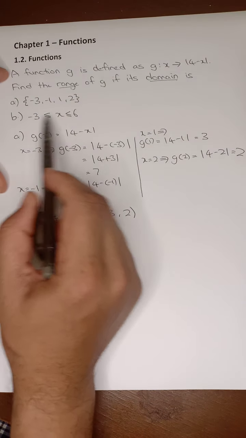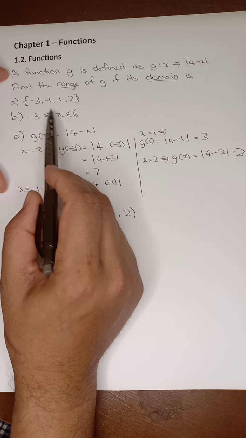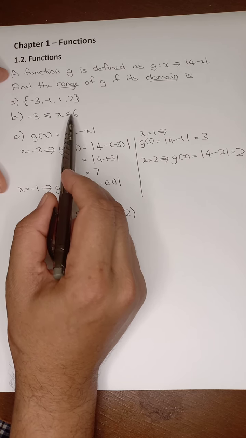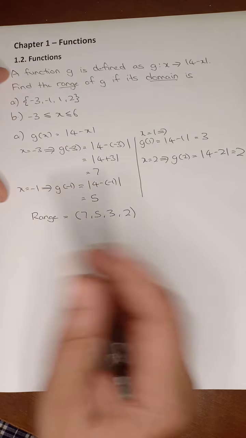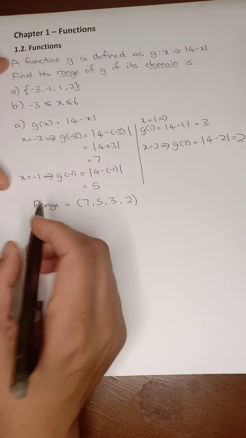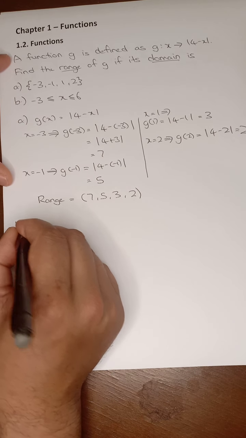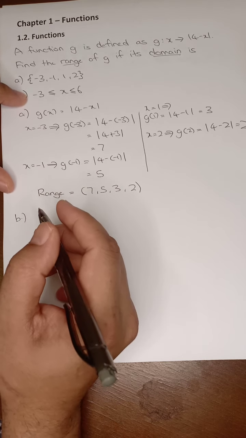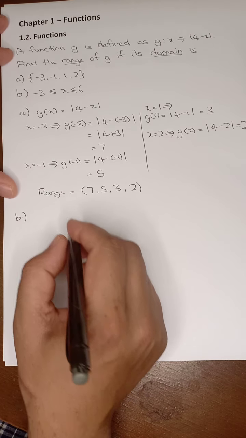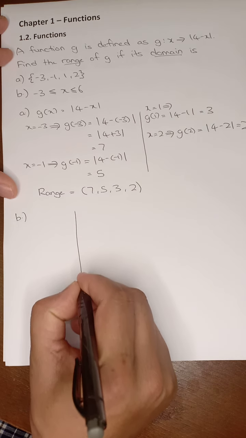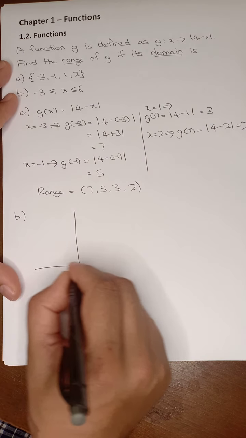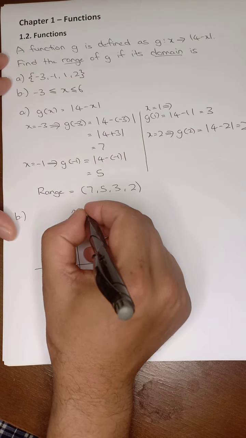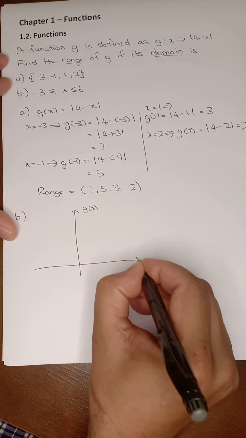The domain is given in inequalities: x is more than or equal to -3, less than or equal to 6, something like we did in the previous video. So part B. We need to draw a graph for this, with x from -3 to 6. I'll draw a graph, label the axes g(x) and x.